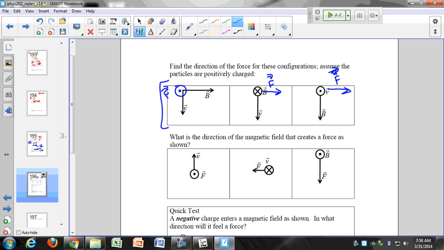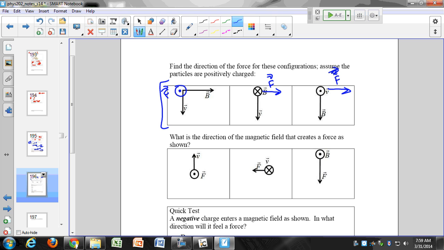Sometimes you're given the force or the velocity and asked to find one of the other two vectors. So here you sort of have to work backwards. For example, on this first one, you have the force in this direction. Which one's the velocity, index or middle finger? It's your index finger, so it'll look like that.